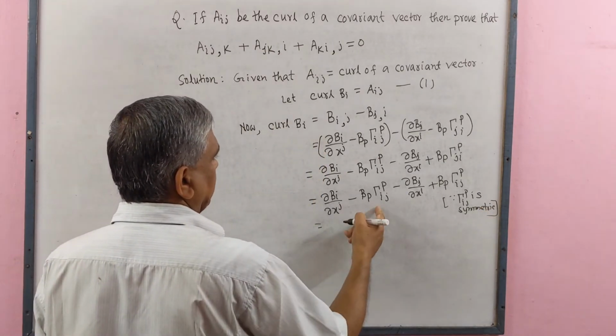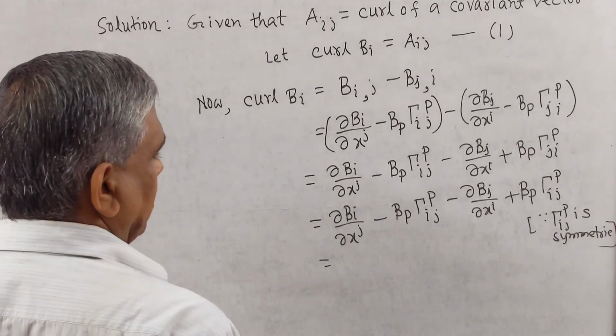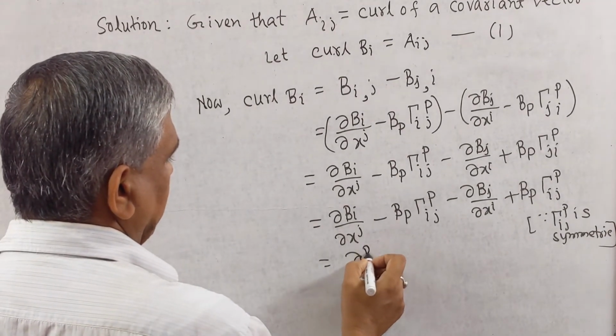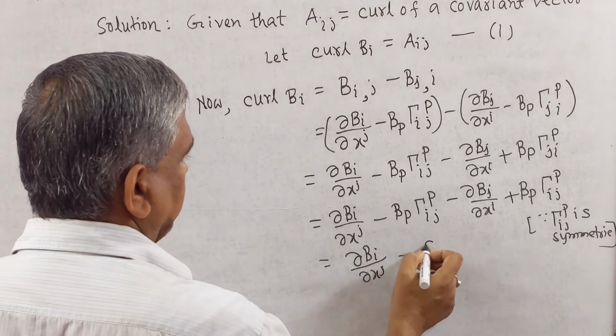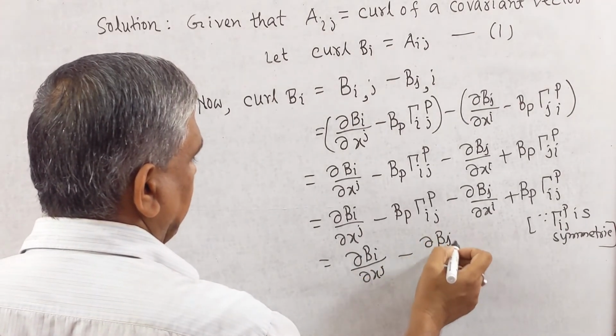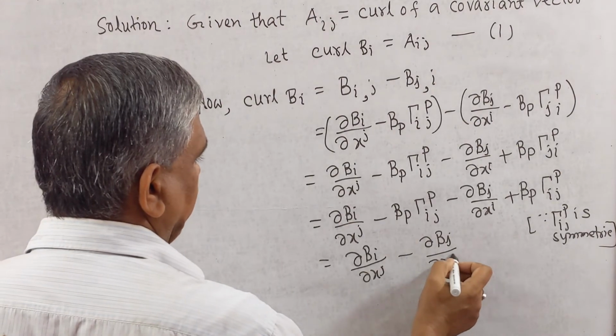So this term and this term cancel, leaving ∂b_i/∂x_j minus ∂b_j/∂x_i.